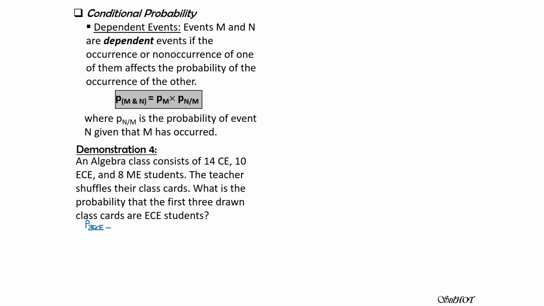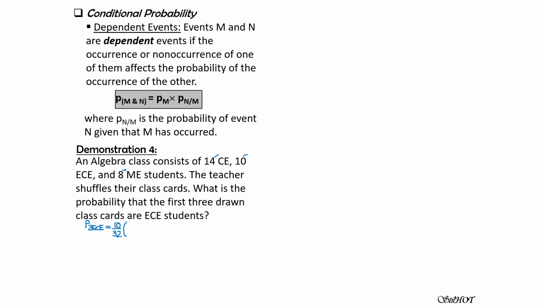So for the first event, that the first drawn class card is ECE, since there are 10 ECE students out of 14 plus 10, 24 plus 8, 32, the probability that the first drawn card is an ECE student is equal to 10 over 32. And for the second event, that it is ECE, its probability is affected by the occurrence of the first.